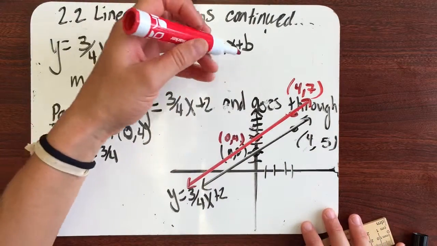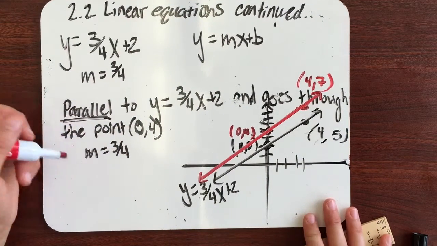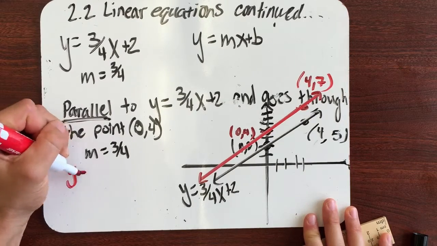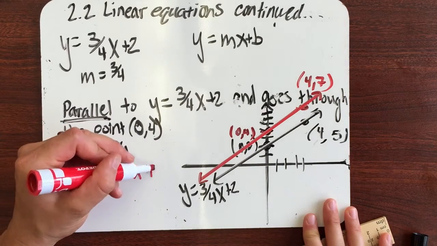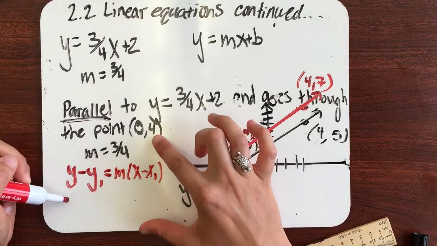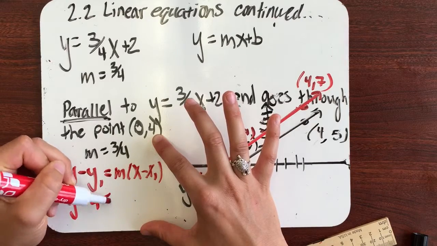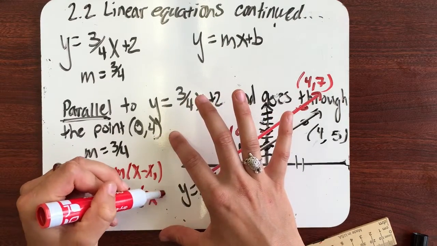We can go ahead and just plug in your m and your b here, but if you didn't see that right away, you can plug into y minus y1 equals m times x minus x1. So our point is 0,4, so we have y minus 4 equals, our slope is 3/4, and then we have x minus 0.